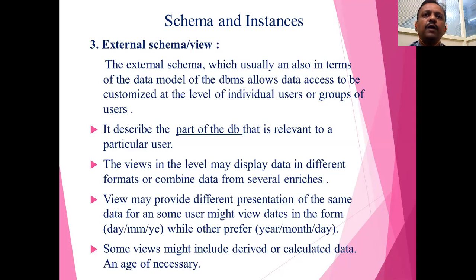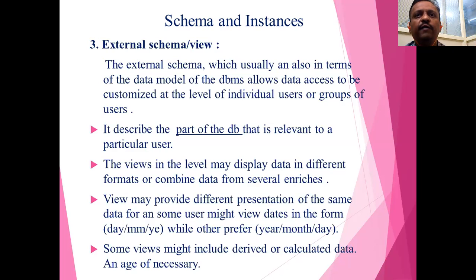It describes the part of the database. Part of a database means you have a particular part of that database, and it should be relevant to a particular user. It should be relevant means it should be accessible to the user, and it can be useful for the user.